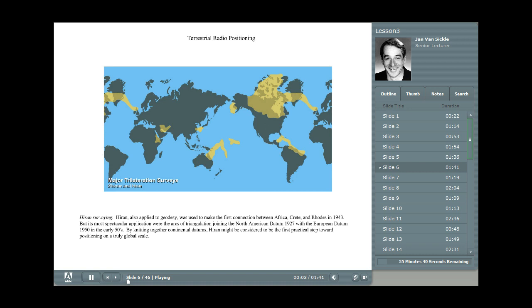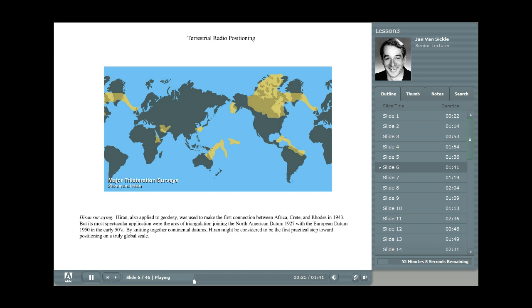Now, Hiran surveying was really the first intercontinental system. As you can see in this graphic, it was used to connect datums across the oceans, and this is a remarkable achievement, something that had really never been done before, and especially remarkable given, again, the fact that this is a terrestrial system.